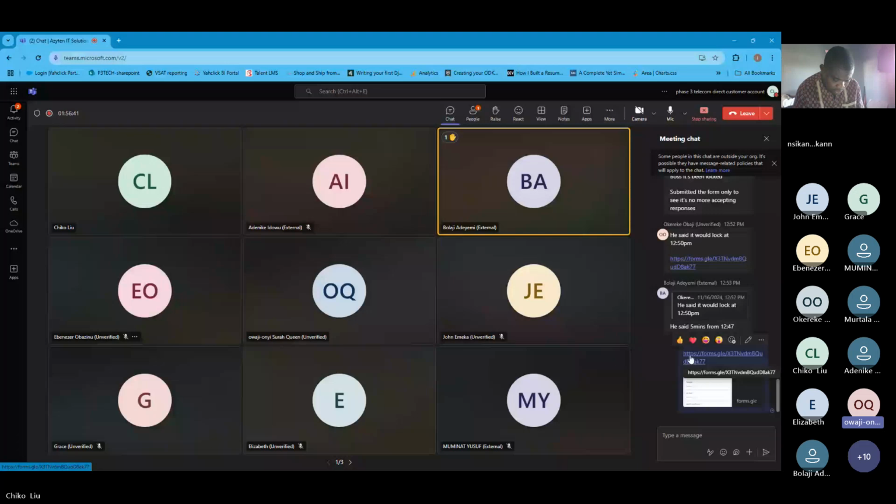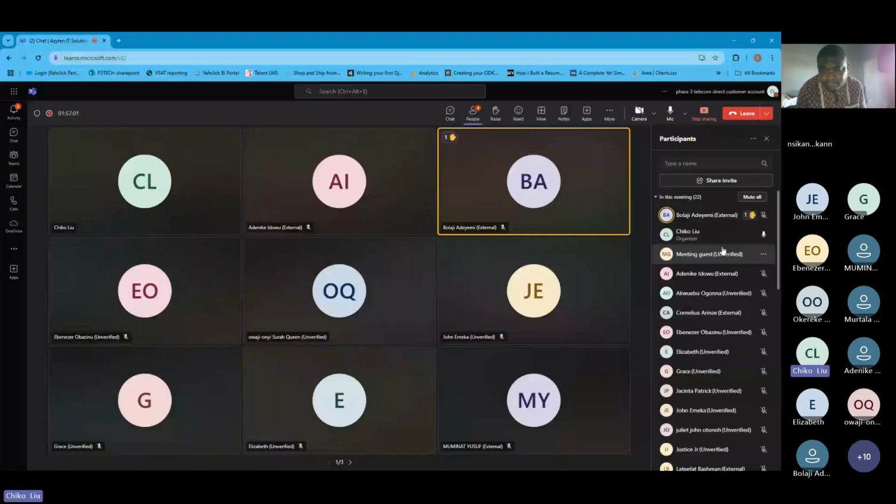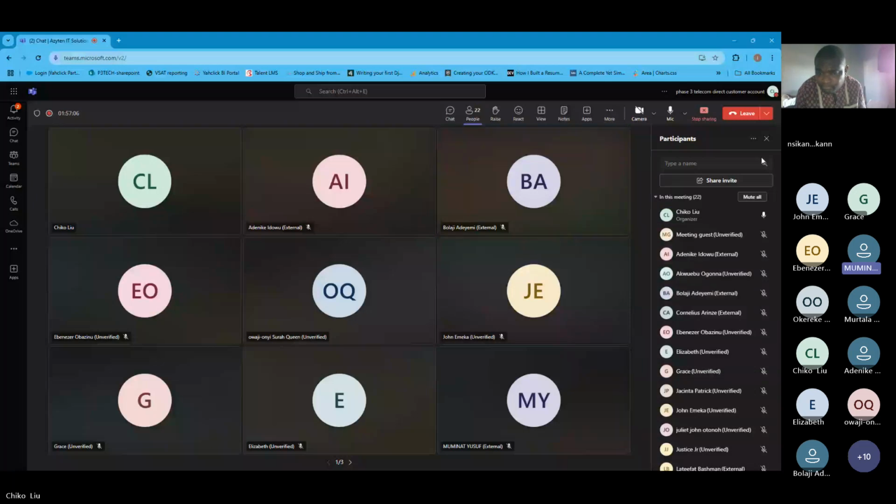Group 6. Who in this group is in group 6 that has seen it? From my phone, you have to click on the 3 dots to see chat. So maybe she's not seeing the chat and doesn't know where to check.